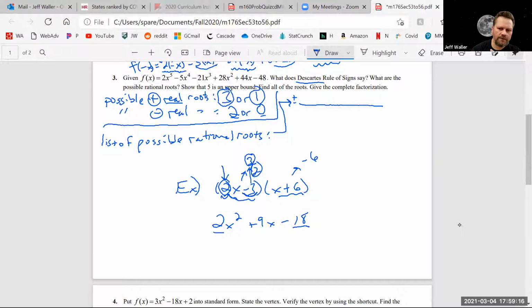So all the possible rational roots would be all the pieces of this guy divided every which way by the pieces of this guy, because you could see where that 0 came from. It came from this divided by that. That's where they would all come from if they were fractional zeros, right? Does that make sense?